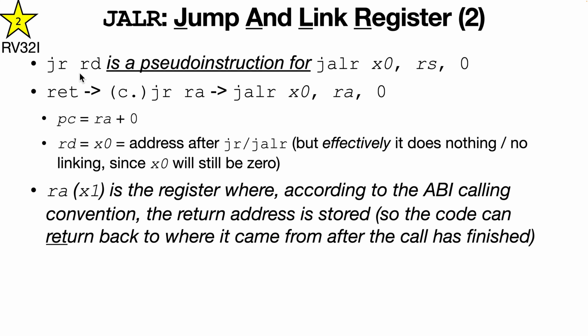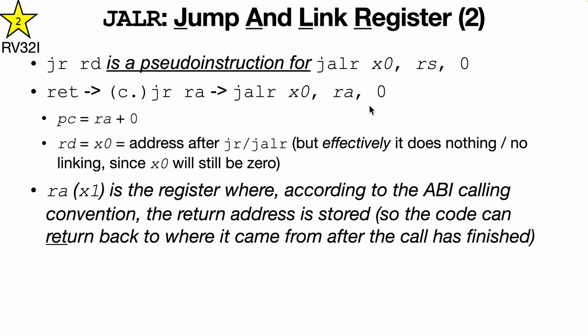So we said right now we're doing, ret is compressed JR, JR is actually a JALR. And so ret is compressed JR RA for return address, and JALR is actually the X0 register used for the destination, and RA is used for the source. So RA, which is where we came from before main was called, the return address, plus 0, and place that into PC.